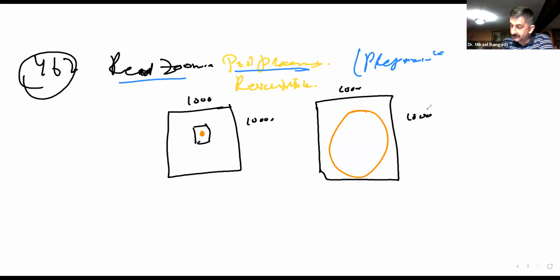Now it's option C on the screen. The pixels of the zoomed image are larger than those in the region of interest. Yes, these pixels here become larger.